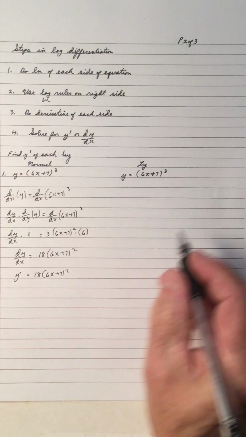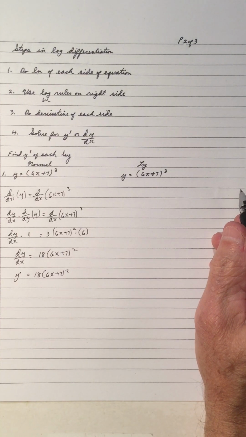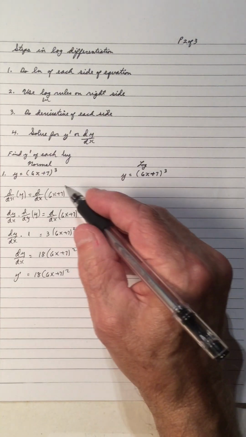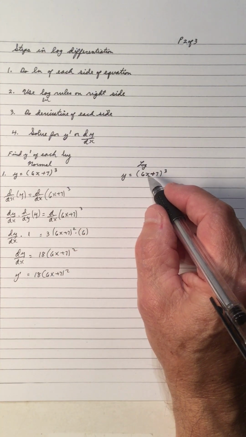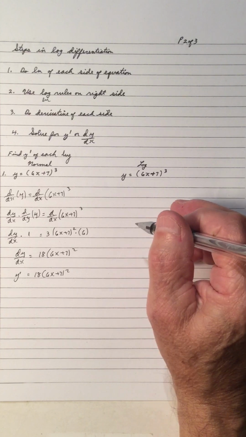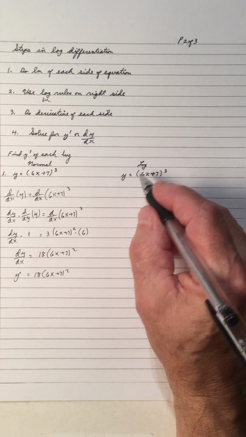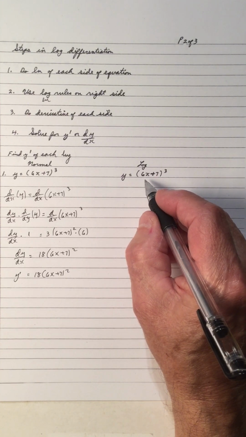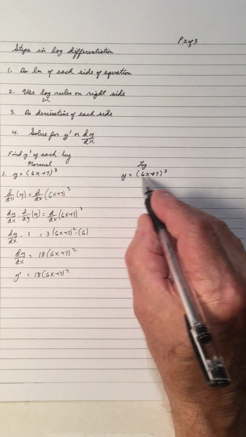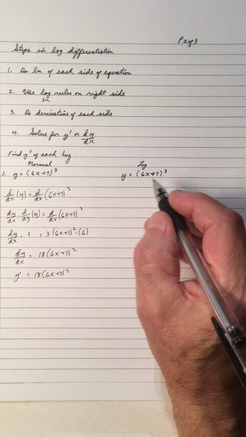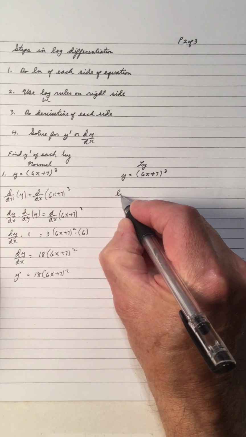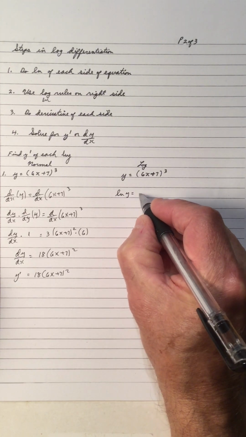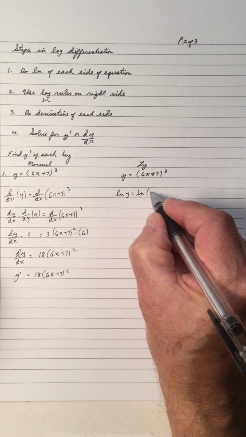Okay, now what about if we want to do this by the log rule? Again, the power rule is one way to do it, but I only use the log rule, and I'll show you in the next video when to use it, but I want to show it to you now. So if I want to do this by logs, I will do the ln of each side.